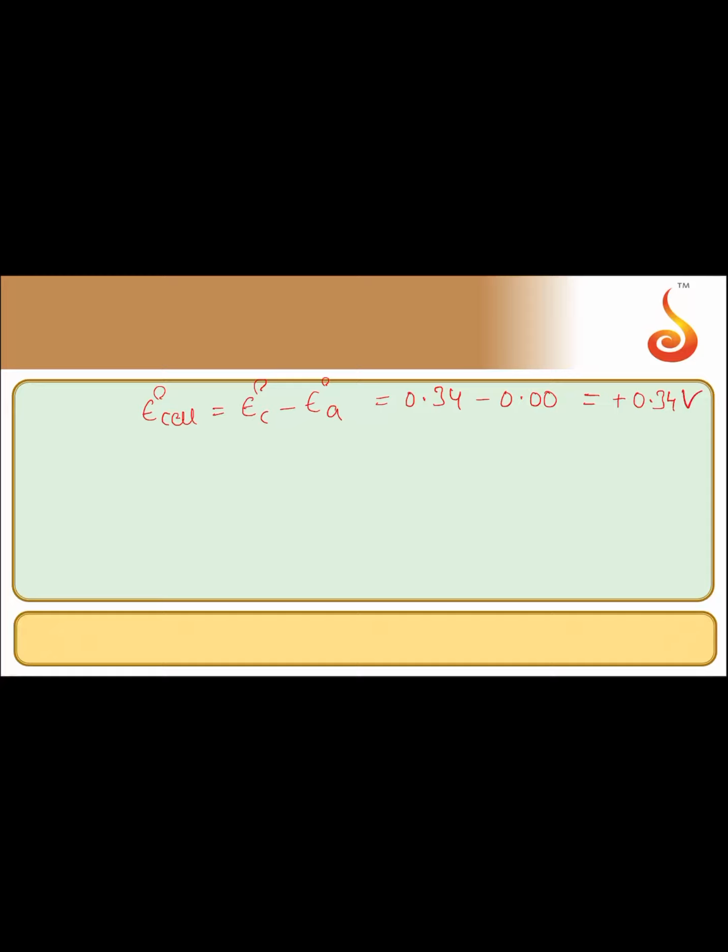Now the Nernst equation: E cell is equal to E0 cell minus 0.0591 by n log Q. E cell is equal to E0 cell value, 0.34, minus 0.0591 by 2 log H plus power 2 by Cu 2 plus.